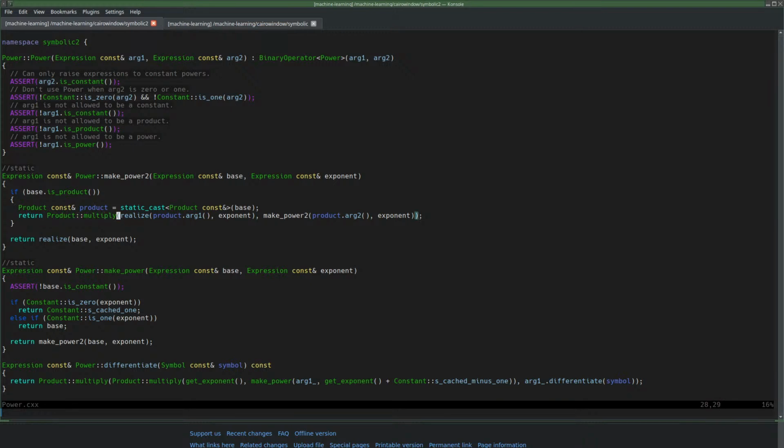Must be the first one. It's a call to realize. So argument 1 cannot be a product because the first argument of a product is not a product, but it could be an exponentiation, a power.